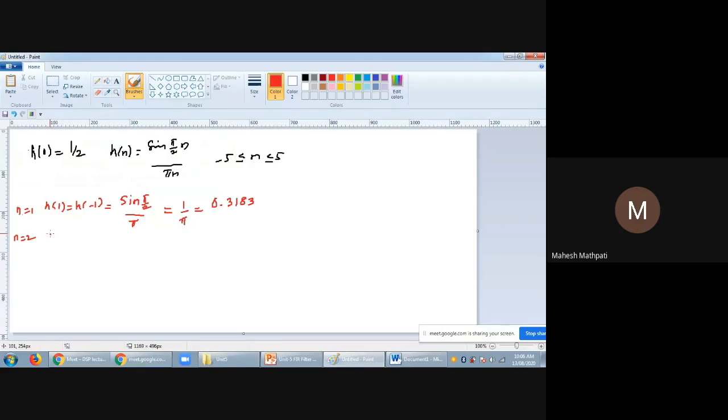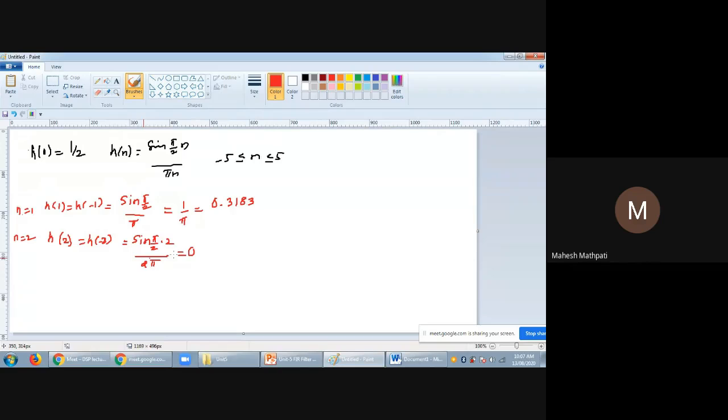Then similarly calculate n equals 2. h of 2 equals h of minus 2 equals, again sine of pi by 2 into 2 divided by 2 pi, which is 0. It is 0.